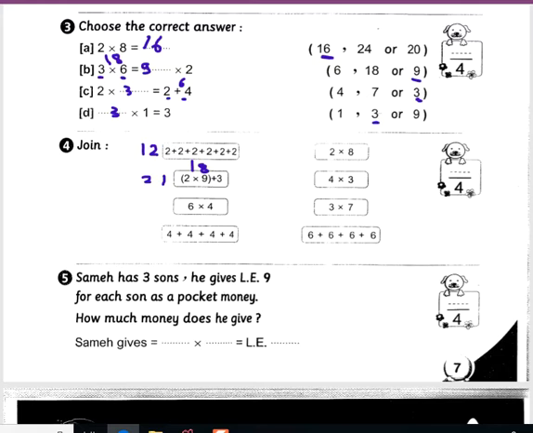Here he said 6 times 4. 6 times 4 equals, or 4 times 6, we will say 4 times 6 equals, take your time. 4 times 6 equals 24.